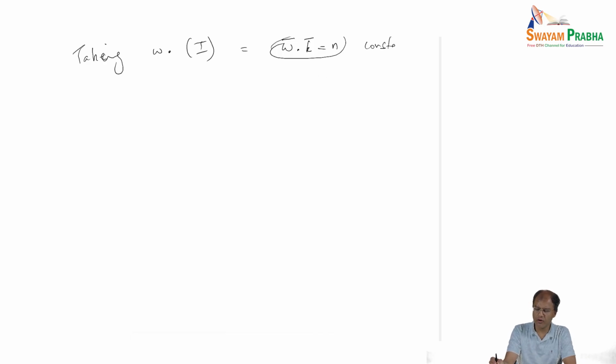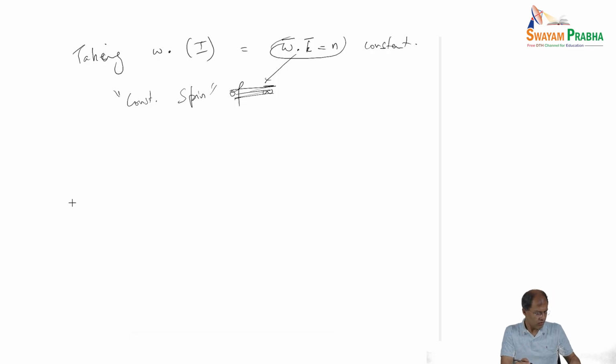So the conclusion of this discussion is that this vertical component of the angular velocity is constant, or we call this the spin. So this is the constant spin of this system. Okay, so then we have the special case of rolling.